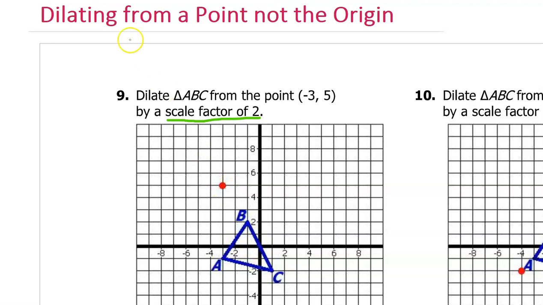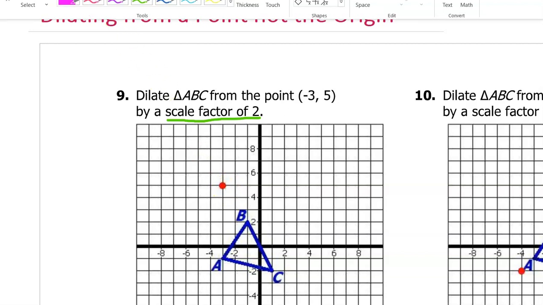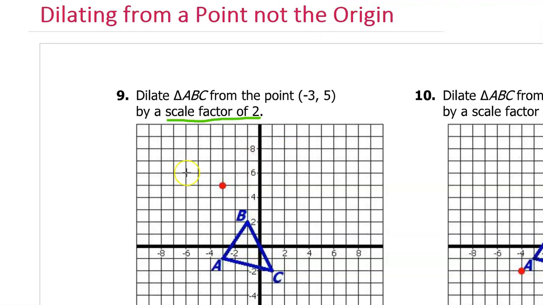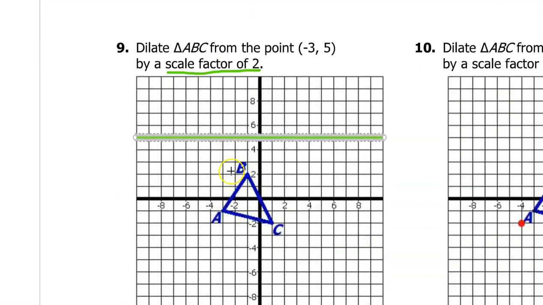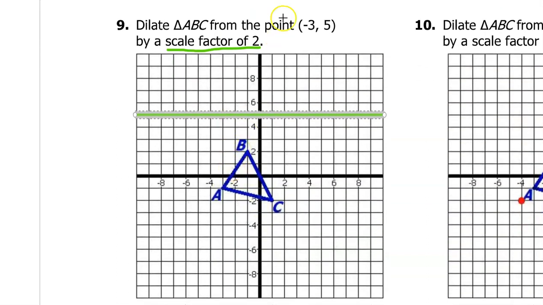The easiest way to do this is to make a fake x and y axis as we pretend that the point -3, 5 is the origin. So if this point was the origin, then this would be the x-axis and this would be the y-axis. So we're just going to pretend.